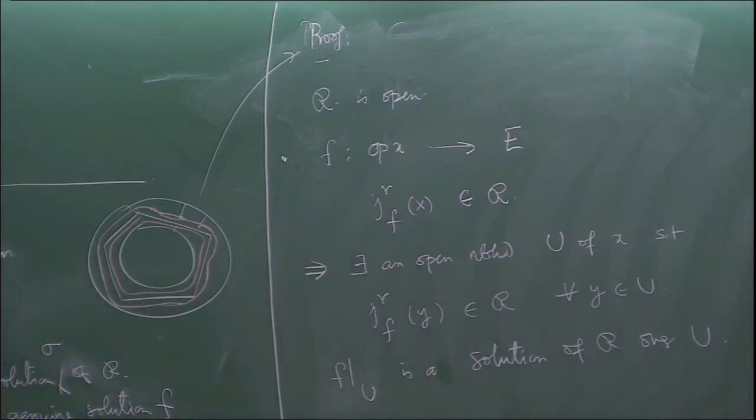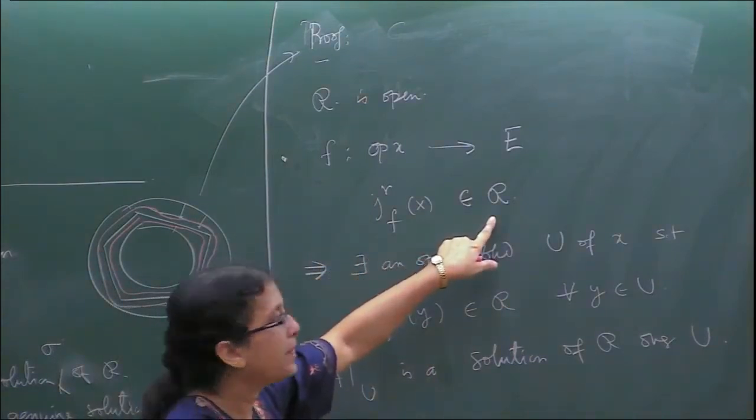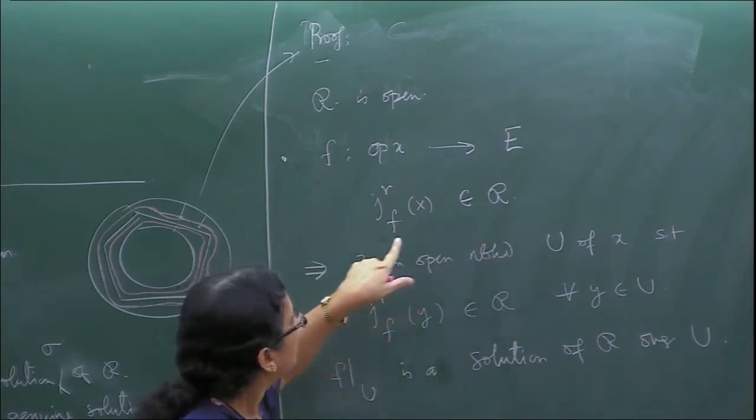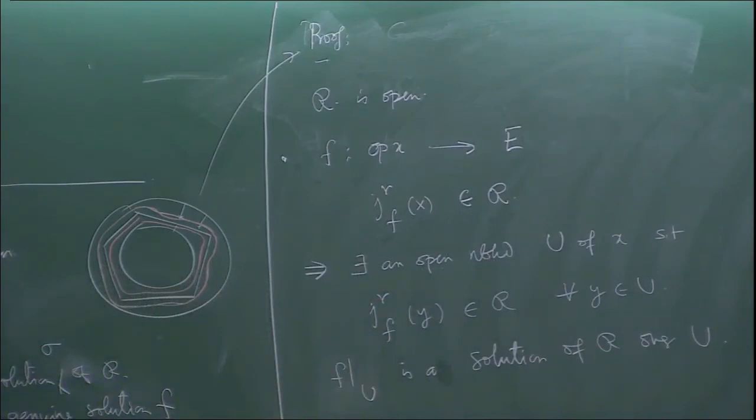I will call this an infinitesimal solution. That means it is satisfying the relation only at a point. I will call F an infinitesimal solution of R. That means F itself is actually a local solution. This is the major thing.